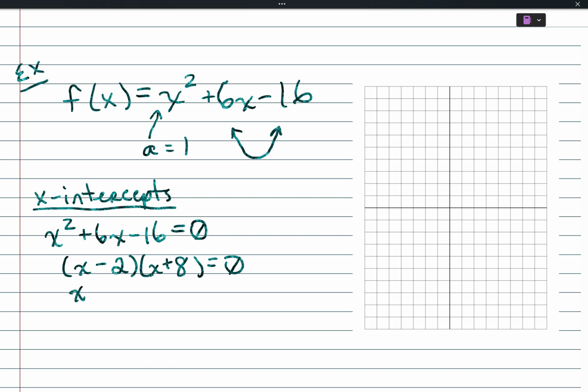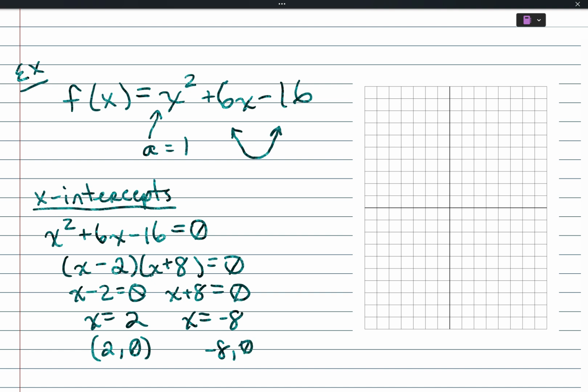So then x minus 2 equals 0, x plus 8 equals 0. And then just solving for x, x is equal to 2, x is equal to negative 8. So these are my x-intercepts. I can write them as an ordered pair as 2, 0 and negative 8, 0.